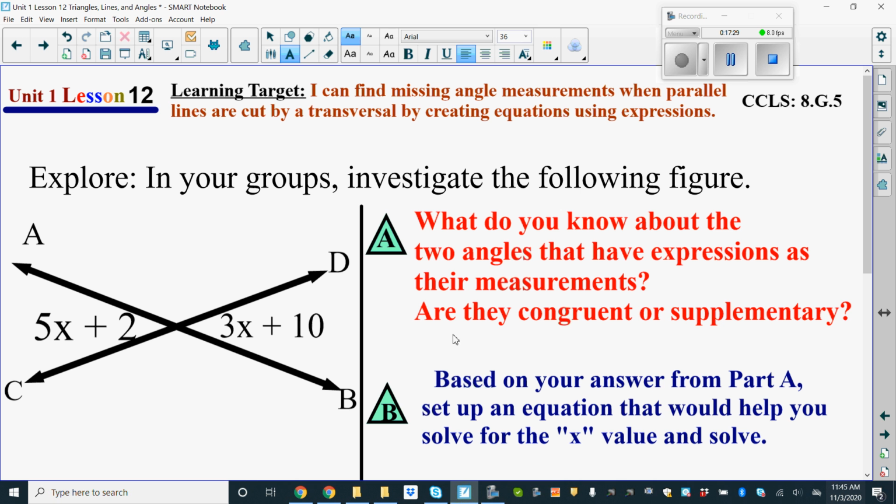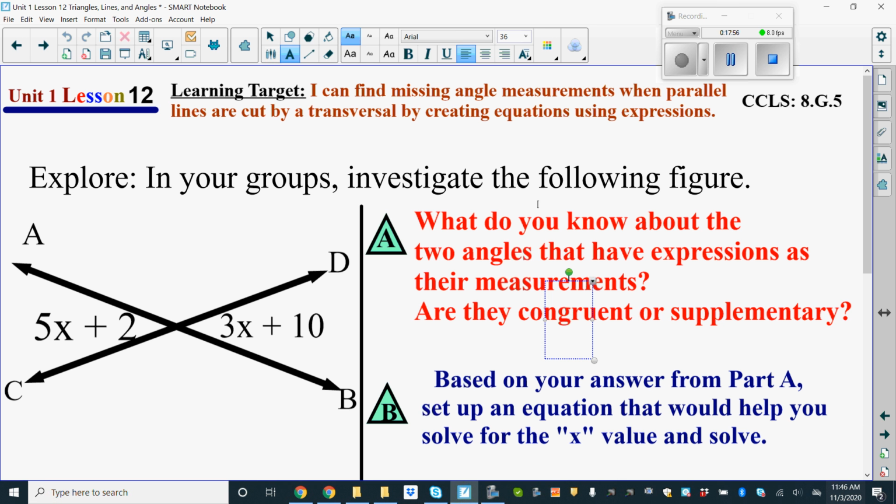So there's only going to be two ways that you would ever set up the equation. You either will set them up equal to each other, or set them added up equal to 180, depending on their relationship. So that's why in part A, we ask you this every single time in every question, just to get you into the habit. So when you see these types of questions, you remember to ask yourself this question as well.